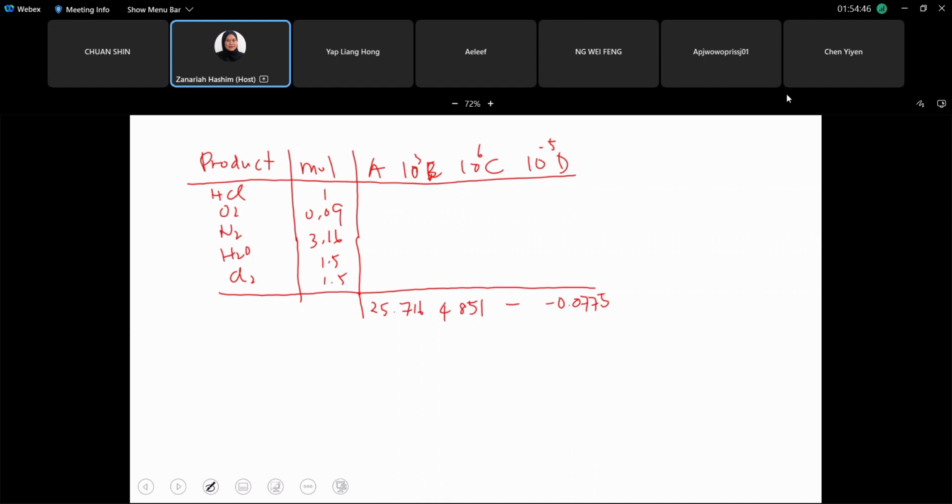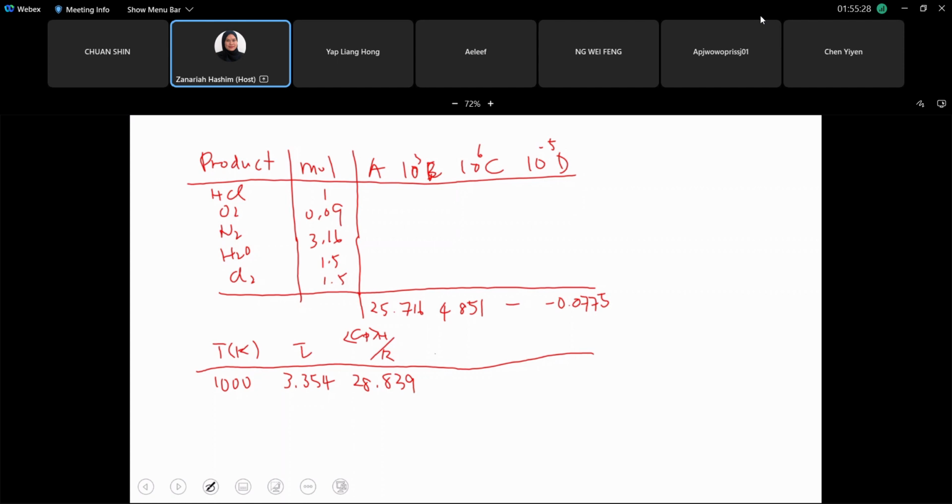Here you have to assume a T. You can start with any T that is higher than 550 degrees Celsius. Let's say we start with 1000 Kelvin. So you can calculate your tau: 1000 over the reference temperature 298.15, which is 3.354. Then you can calculate CPH over R, which is 28.839.